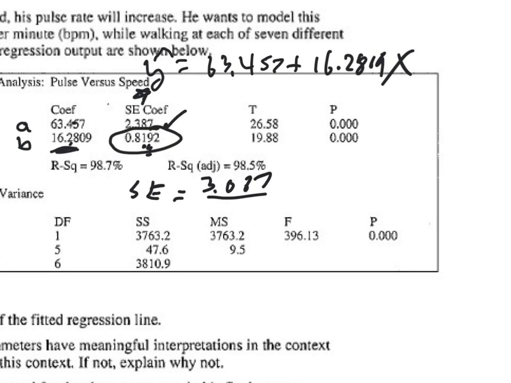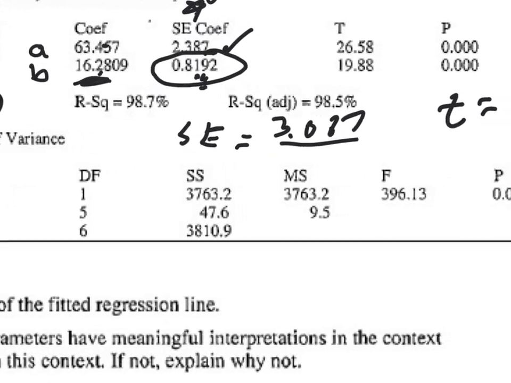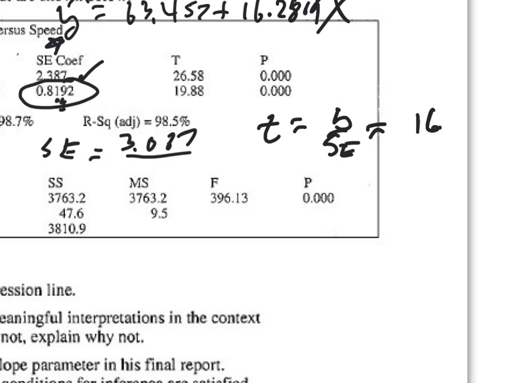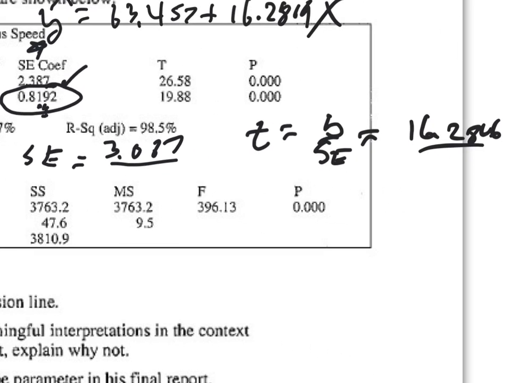Let's do t. t was equal to b divided by SE. b is 16.2806, divided by my SE, which I circled as 0.8192. Somebody do the division. I hope and pray it's 19.88.